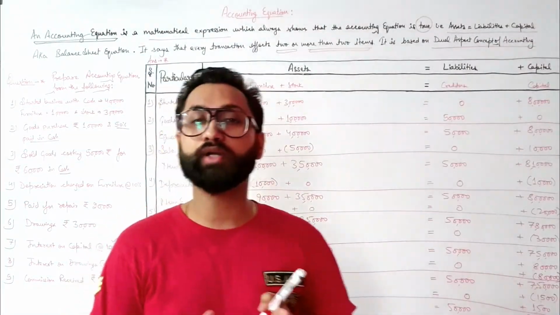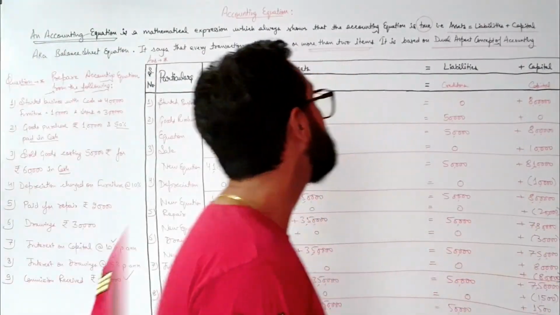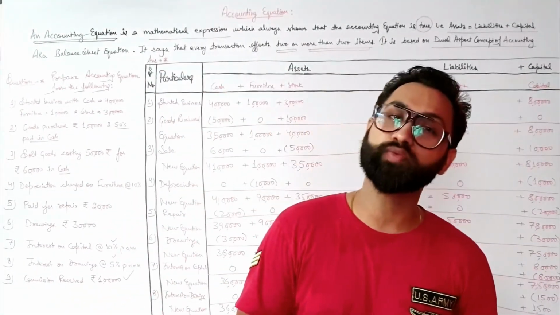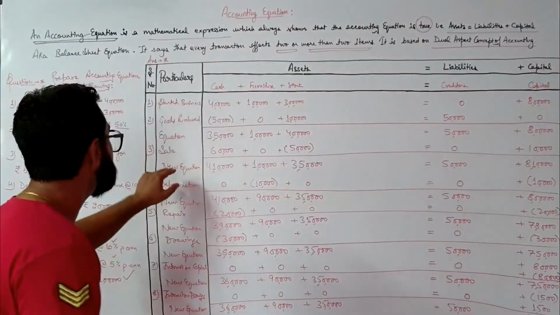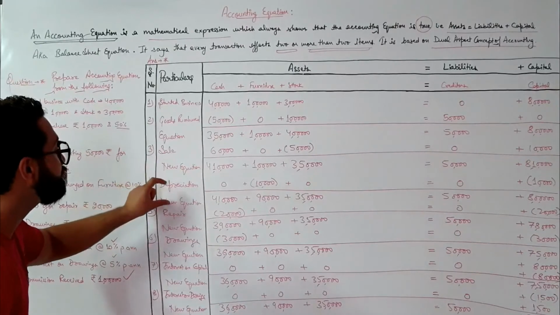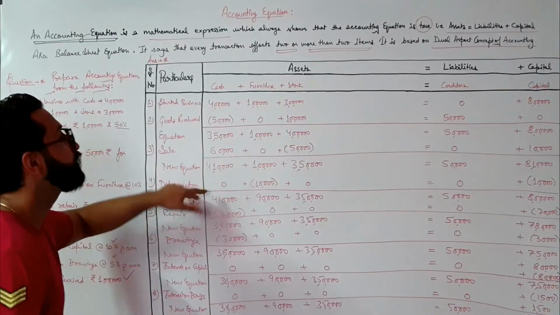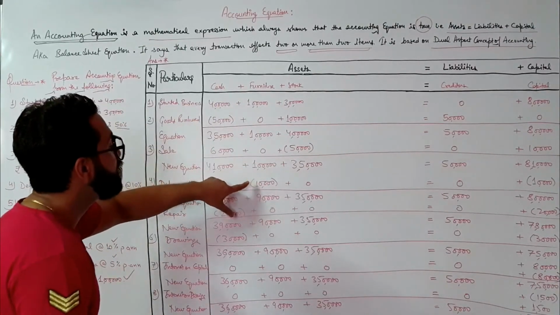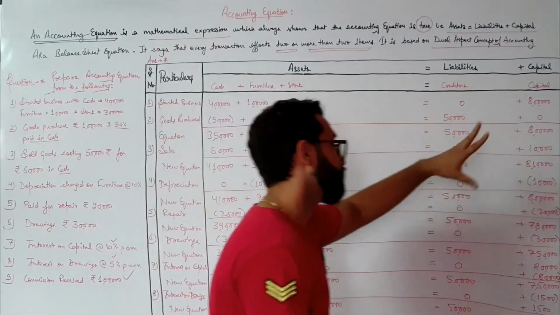Now all the important transactions have been discussed in this question only. That's it for the accounting equation. In exam you can find 1 markers relating to each and every transaction individually. For example, what will happen if the depreciation is charged? Then you have to say furniture will be less by 10,000 and the capital will be reduced by 10,000.